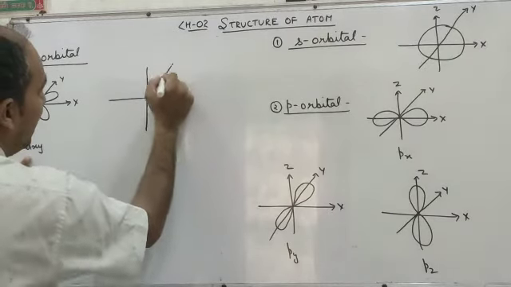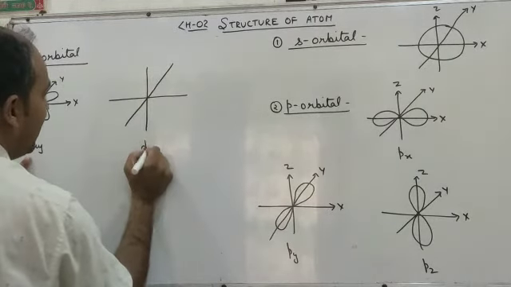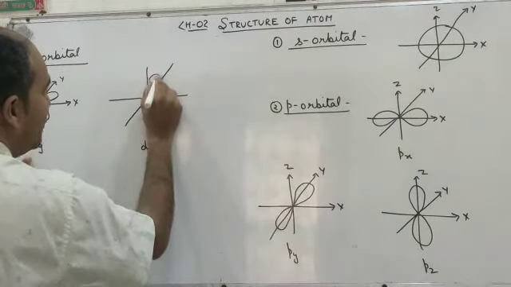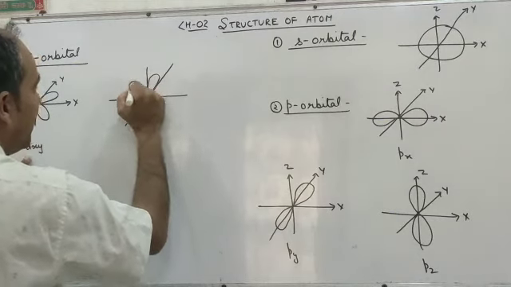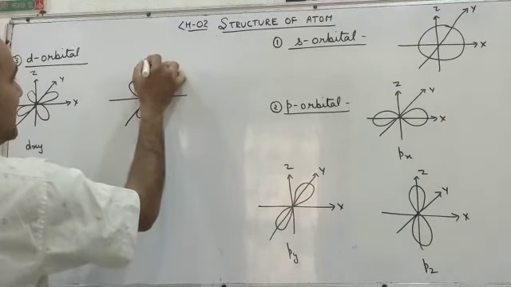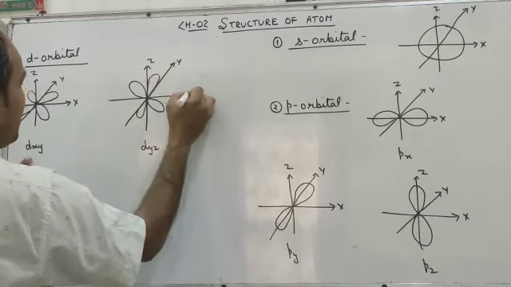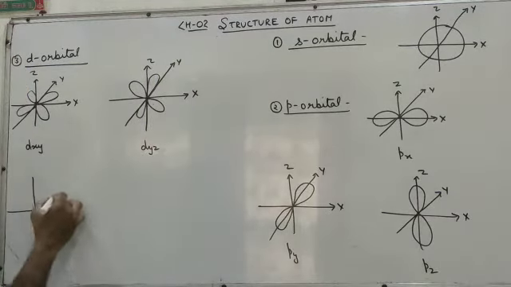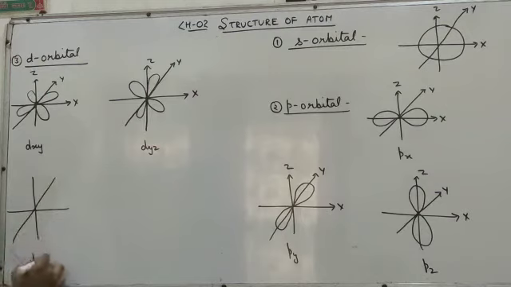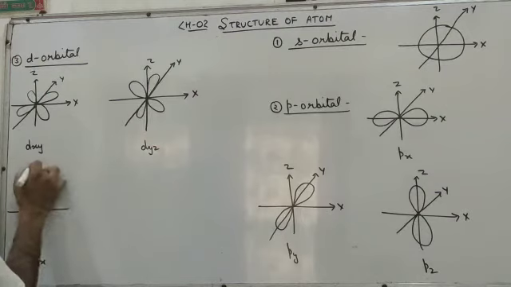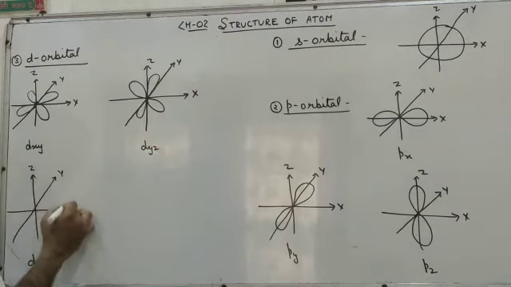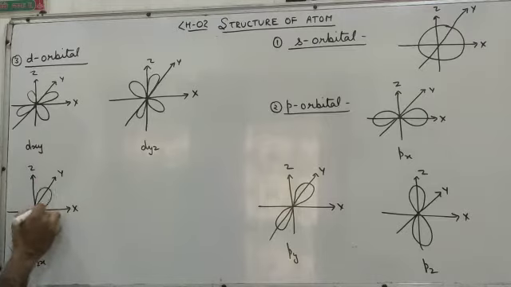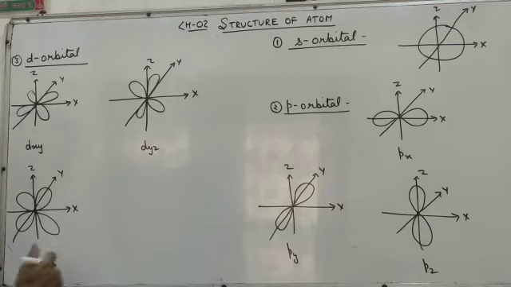If the lobes lie between the y and z axis, it is said to be dyz orbital. If the lobes lie between the z and x axis, it is said to be dzx.